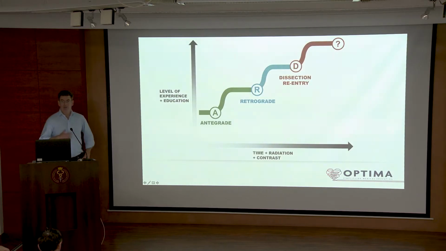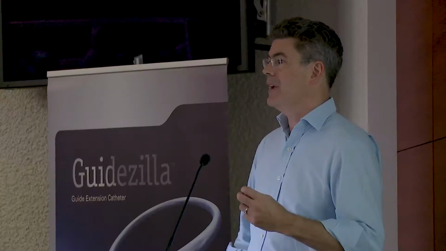And as we're going through the escalating difficulty of anatomy, and as you're starting in your CTO operator experience curve, you're going to be starting with antegrade. And as the cases become more complex and you become more knowledgeable, then either you're going to be succeeding at antegrade, but if not, the next step for most people will be to attempt retrograde.